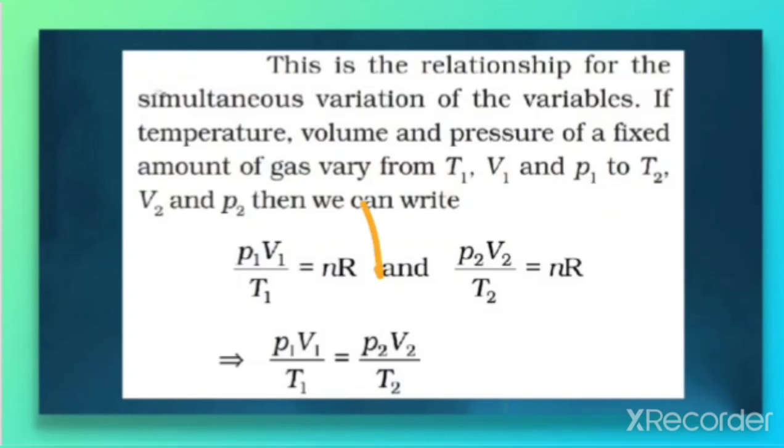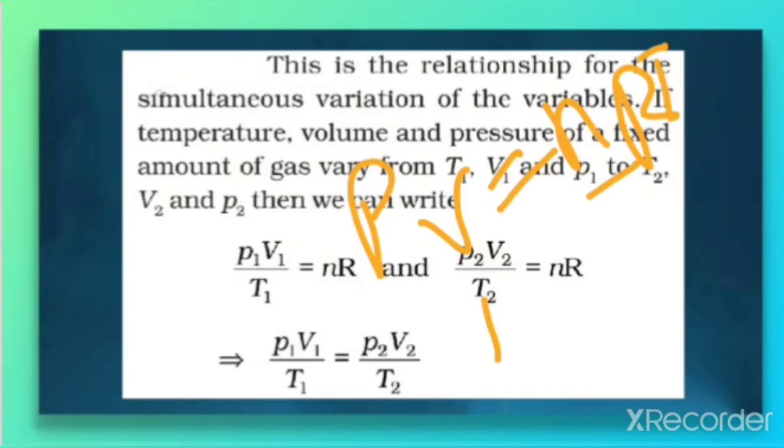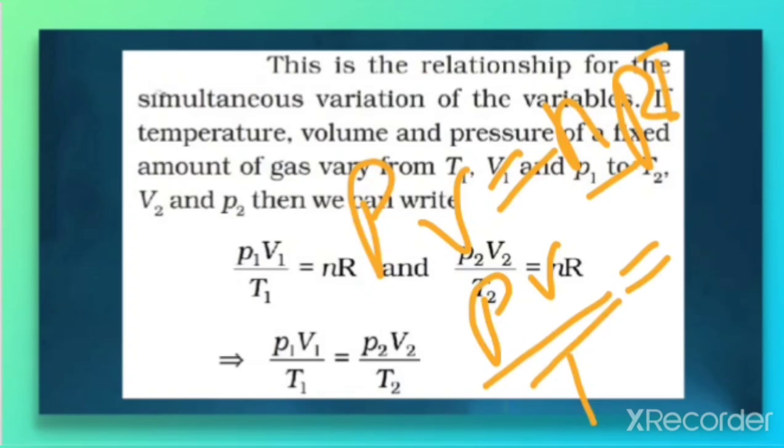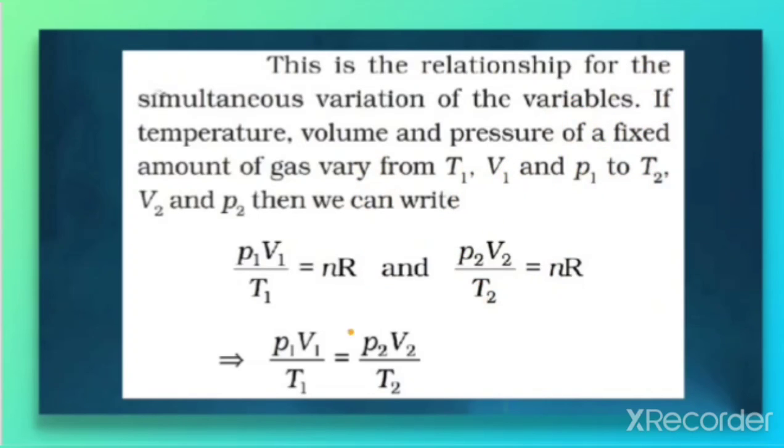As we have already learned, PV = nRT. When n and R are constant, PV by T is equal to a constant. So the ratio at pressure P1, volume V1 and T1 is P1V1 by T1 = P2V2 by T2.